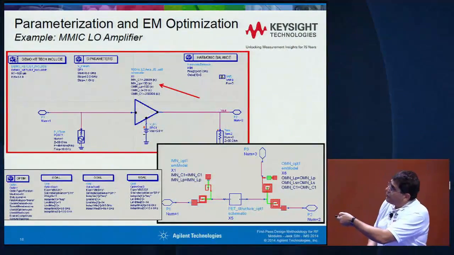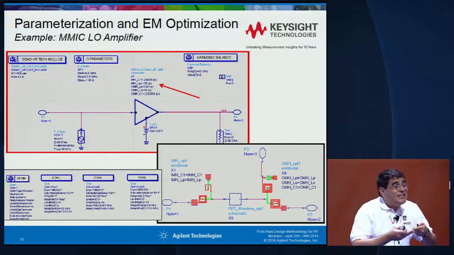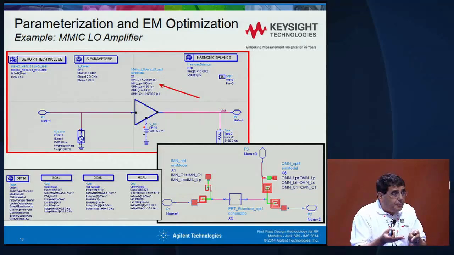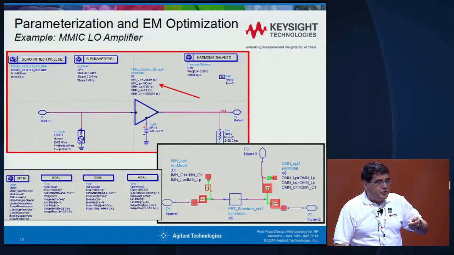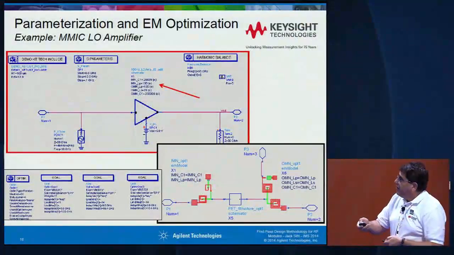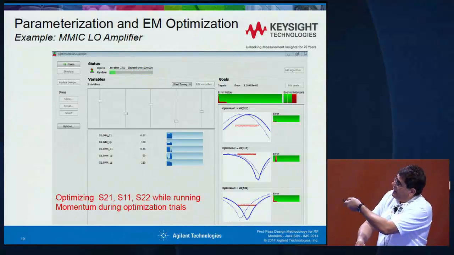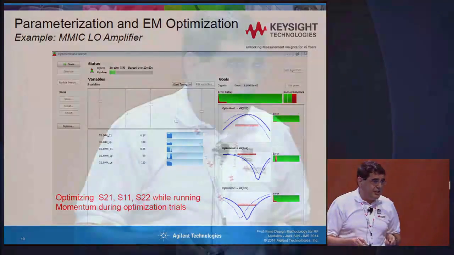Once you find those components, let's say 3 components really affect the frequency, you can parameterize them, and you can run optimization using Momentum or EM optimization. So it optimizes and runs EM simulation at the same time and really tries to fix your design. And this is an example where the dashed line was the beginning and then the solid line was after it was fixed after 7 runs of EM optimization.